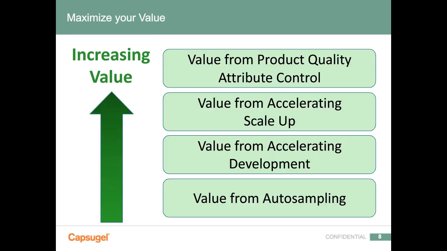In the second case study, I'll show you how in our labs we were able to come up with some novel ways of doing the process development process that dramatically accelerate both the development and the scale-up. And then the final case study talks about how you overall implement the product quality attribute process.